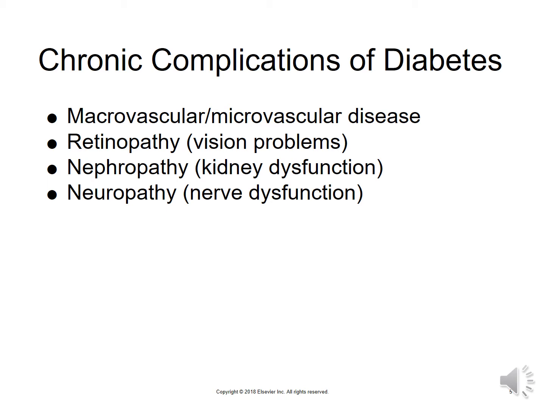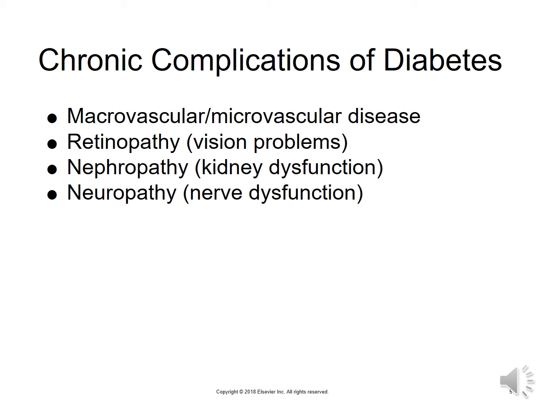All right, so complications of diabetes, you can have macrovascular and microvascular disease. That means just disease in the big vessels and the little vessels of the body. You can have retinopathy, which is vision problems, and that's because of microvascular problems. You can have nephropathy or kidney dysfunction and neuropathy.